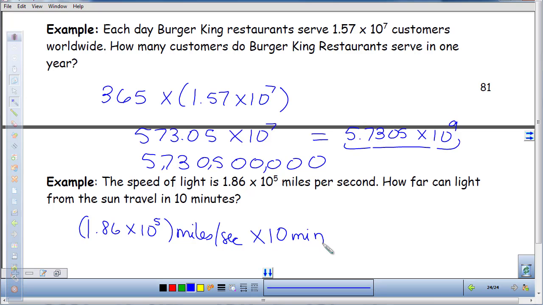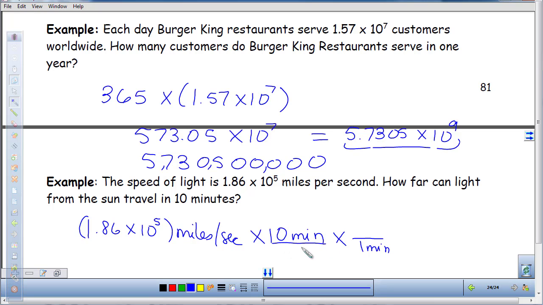but minutes and seconds don't cancel out, right? So how am I going to get those to cancel? Okay, so we can say 1 minute. I'm going to put minutes on the bottom because right now we've got minutes up top, right?